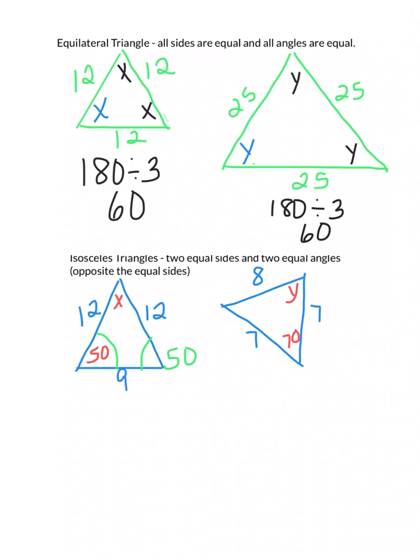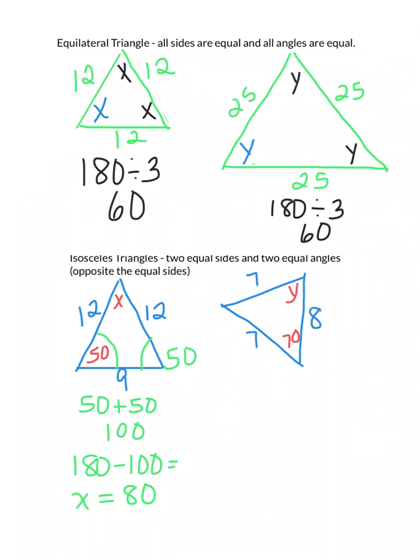Now I know all the angles in a triangle add up to 180. So I could do 50 plus 50, which I know is 100. And then I can take 180, subtract 100, and I get the answer of 80. So we have x equals 80. Now let's look at the next example right here.